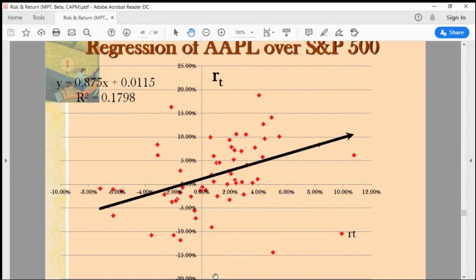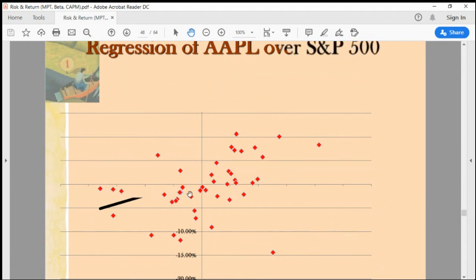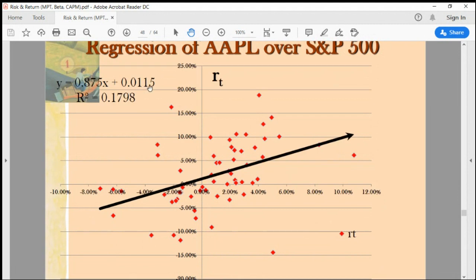Now, this was the regression result of the Apple for that period of 5 years, 2011 through 2015. And the slope of this trend, so these were the actual scatter plot of Apple. The slope of the line was 0.875, and the vertical intercept was 0.0115.